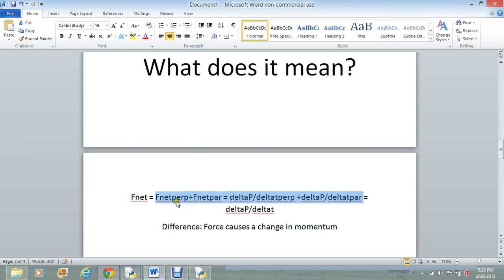From that you can infer that Fnet perpendicular correlates to delta P over delta T perpendicular, and Fnet parallel correlates to delta P over delta T parallel. However, they're different because Fnet causes the change in momentum over change in time. That means delta P over delta T is dependent on Fnet. So if there isn't any net force, there won't be a change in momentum over change in time.